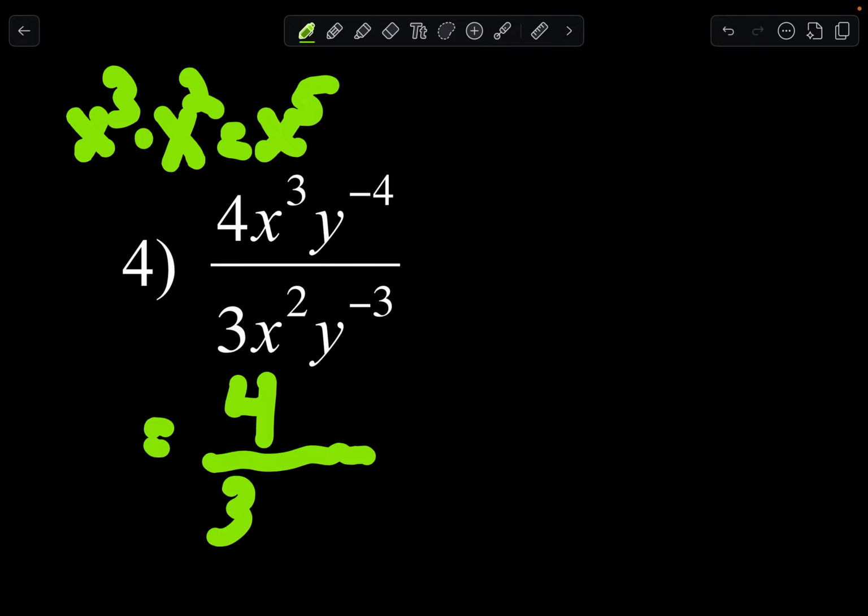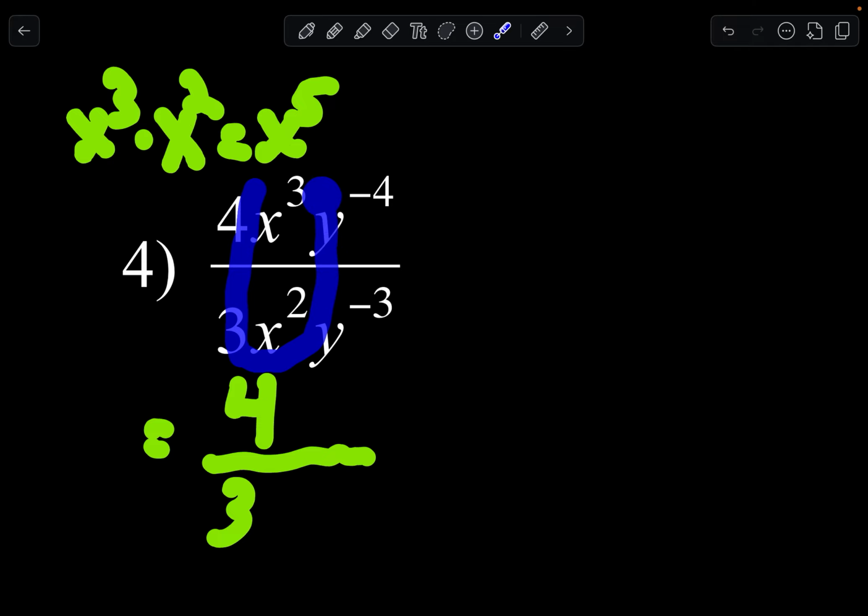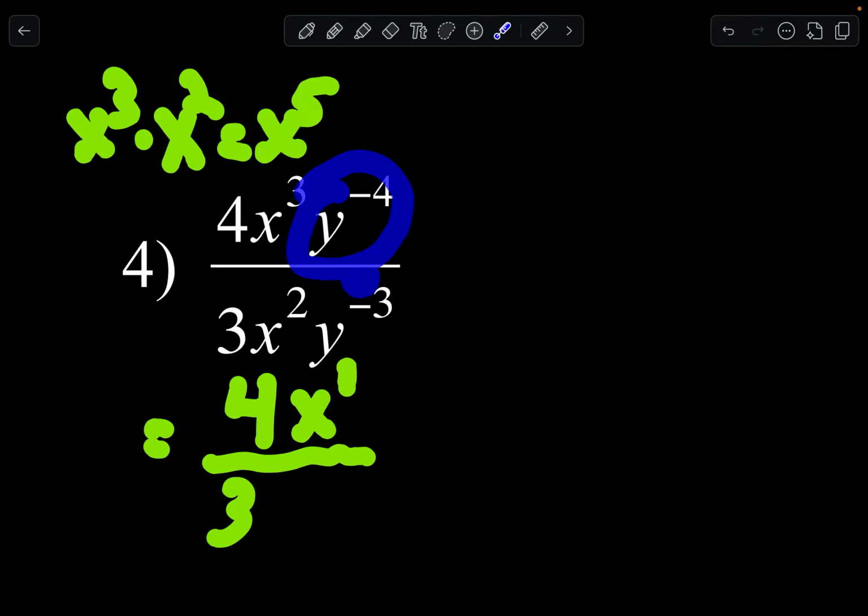The opposite of multiplication is division. This is division. And the opposite of addition is subtraction. So this would be x to the third, or it'll be 3 minus 2 is 1. And since the exponent's positive, it's x to the first on top. Now this y to the negative 4 and y to the negative 3, I just flip-flop them because remember, negative exponents want to move.